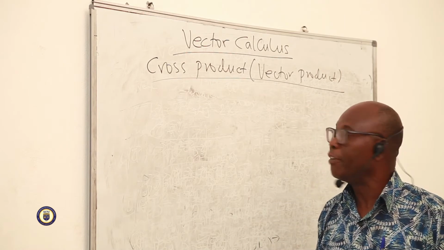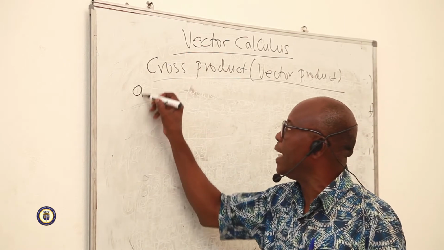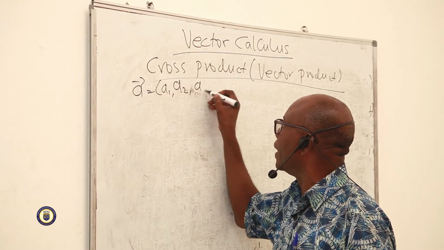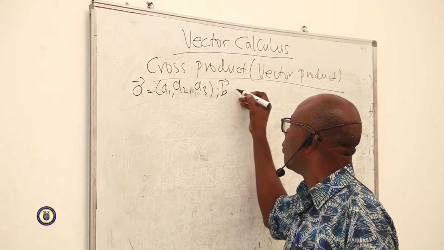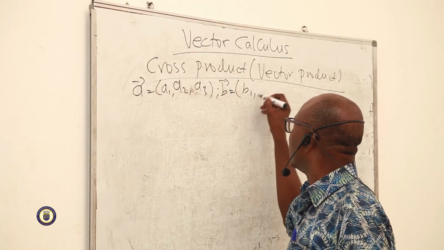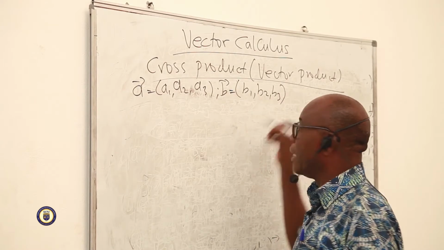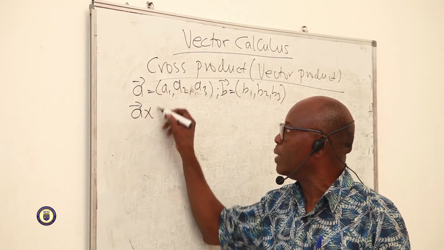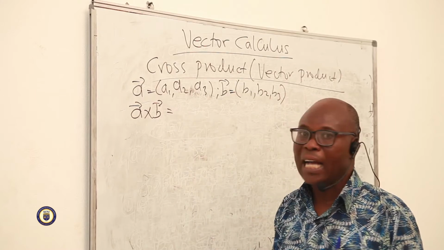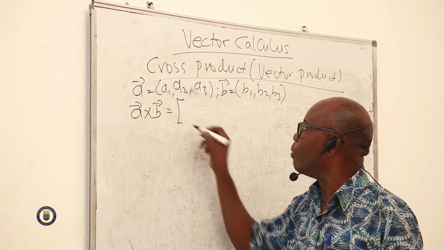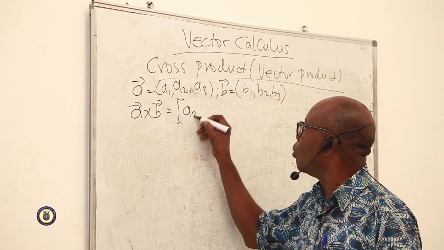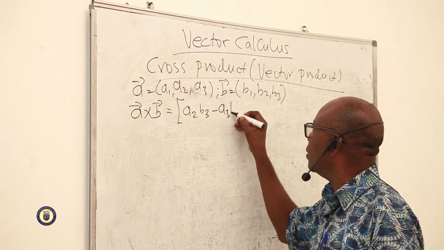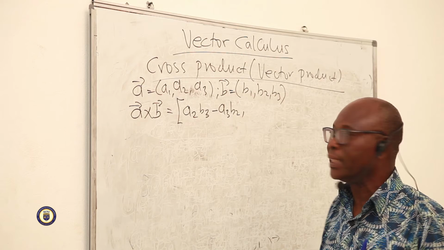By definition, if you have two vectors, A, which is made up of A1, A2, A3, and B, which is made up of B1, B2, B3, then the cross product of these two vectors, denoted A cross B, can be written as a vector. For the I component: A2B3 minus A3B2.